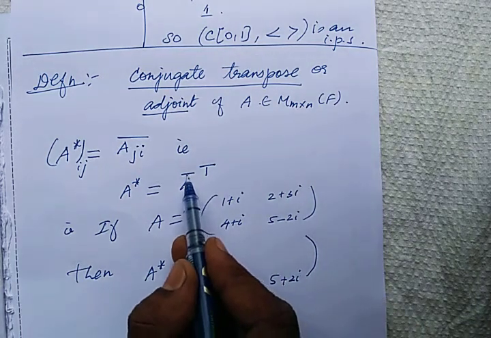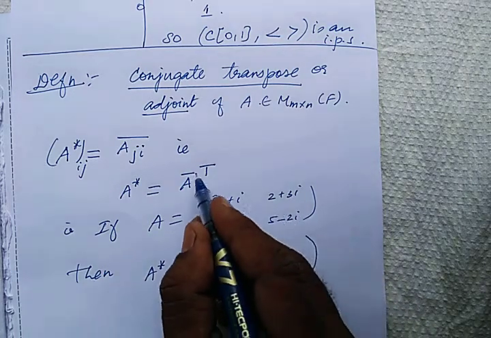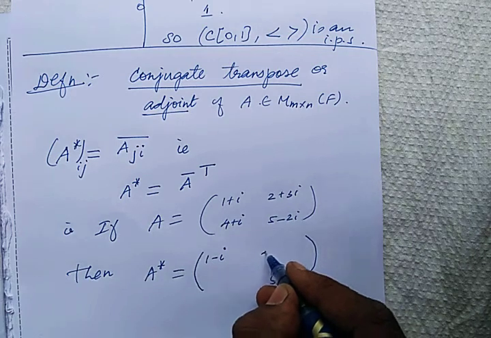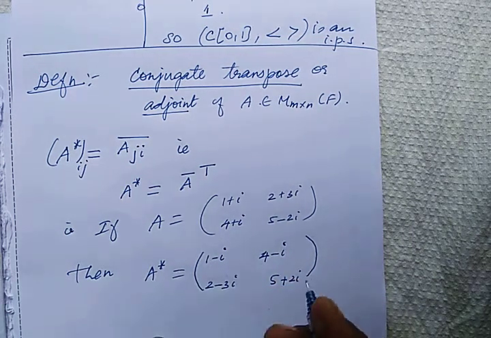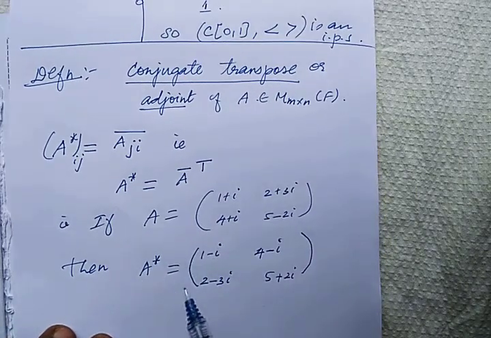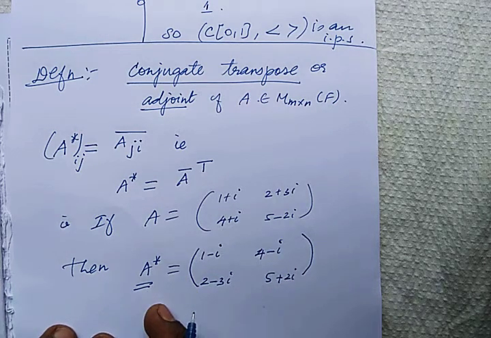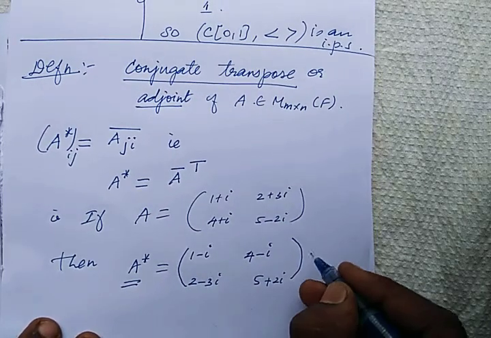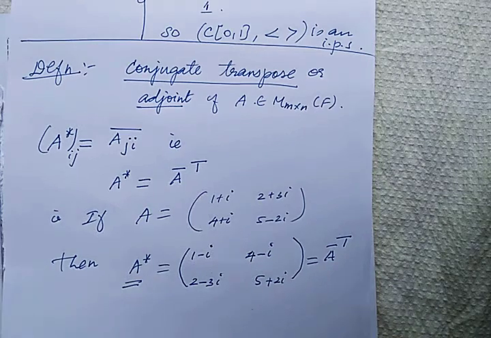And if you take bar as well as transpose, this will interchange, and if you put bar, this will become 4 minus i, this is 2 minus 3i. So if A is equal to this matrix, then this A star is called the conjugate transpose of A or adjoint of A. This A star is nothing but A bar transpose.